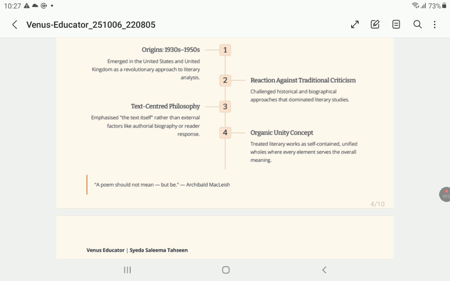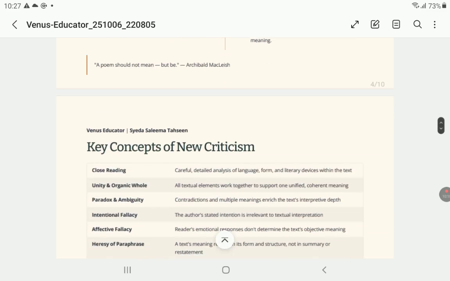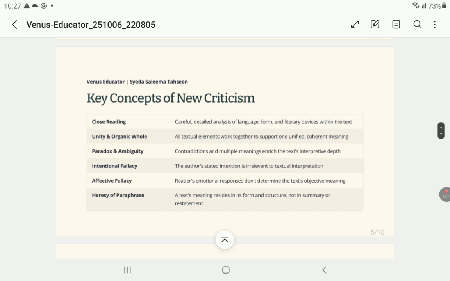Next thing we can learn here is the key concepts of new criticism. Let's see what is the major concern of this movement. The first one is close reading. Close reading means careful, detailed analysis of language, form and literary devices within the text.